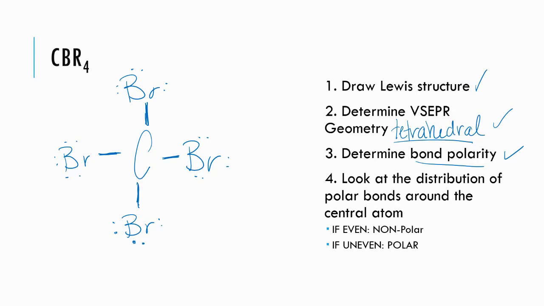And in this tetrahedral, I only have bromine around that central atom, so it's not meeting the criteria for that second shortcut that I talked about. And if I look at my Lewis structure here, it does look pretty even. So that means that this molecule overall is going to be nonpolar.